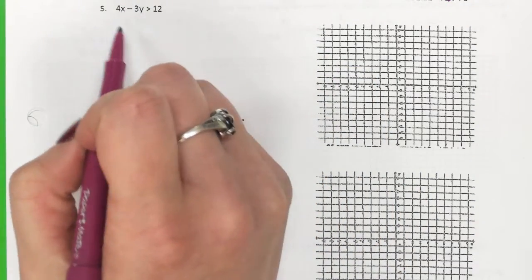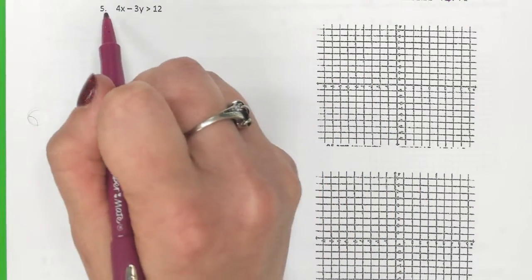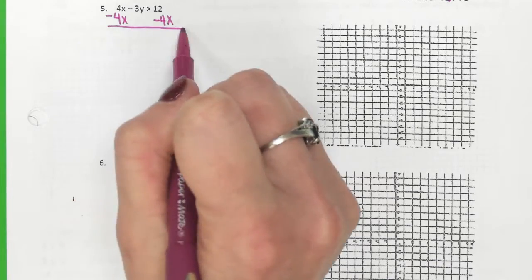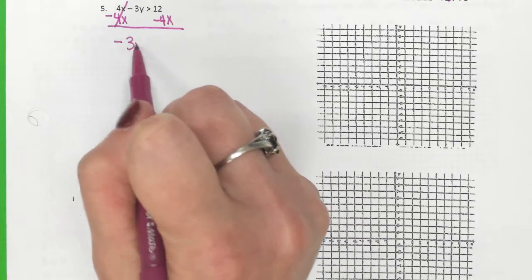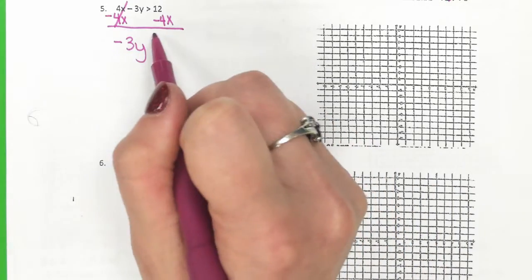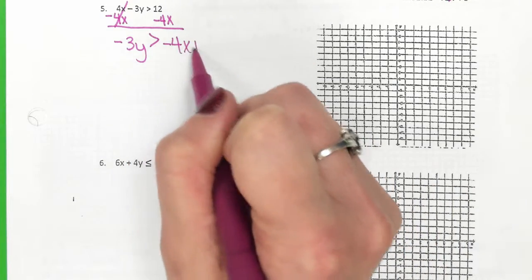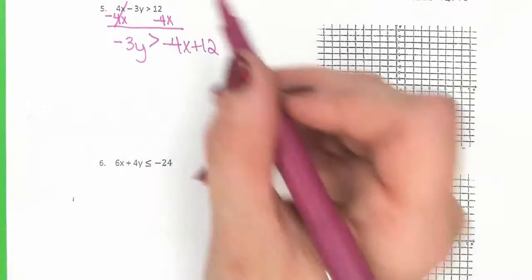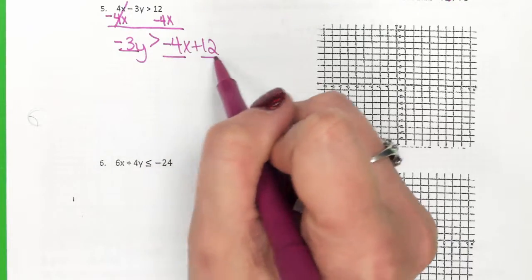All right, what about number 5? What do you got to do first? Subtract 4x. Now be careful. That's a negative 3y greater than negative 4x plus 12. When you divide by a negative 3, what happens?